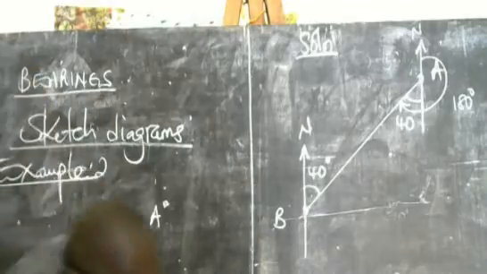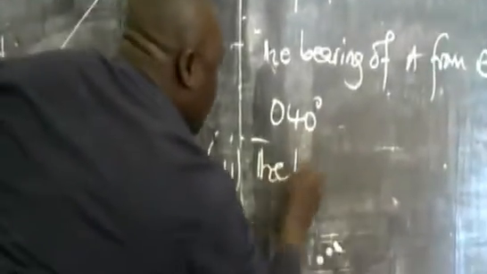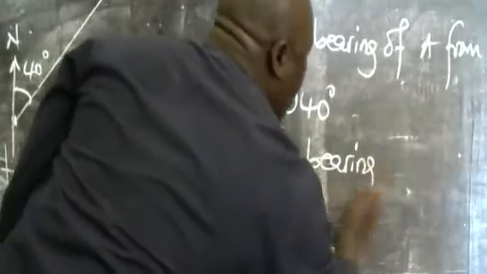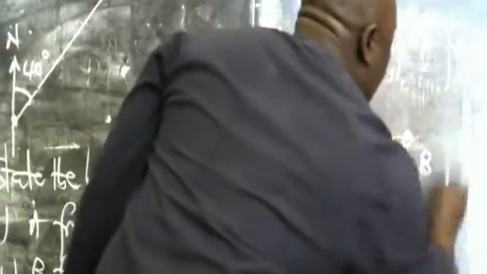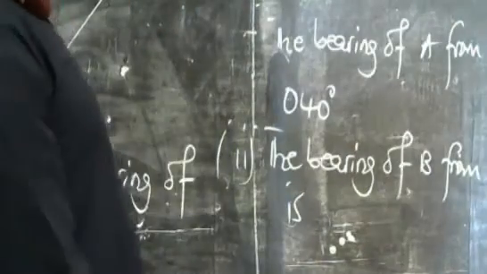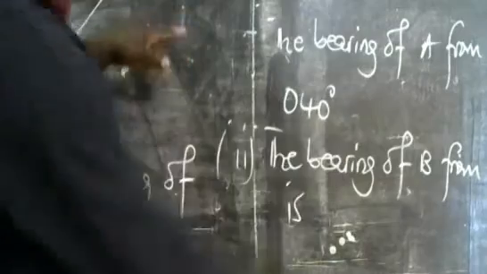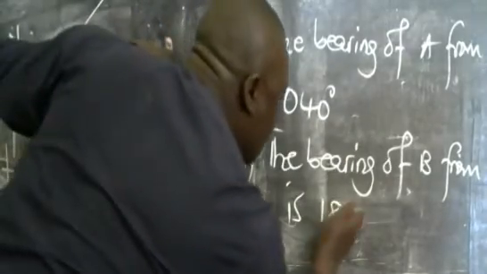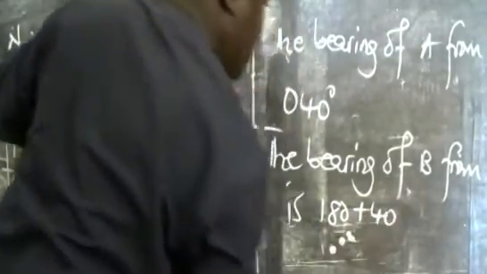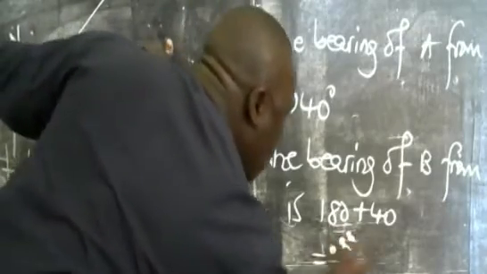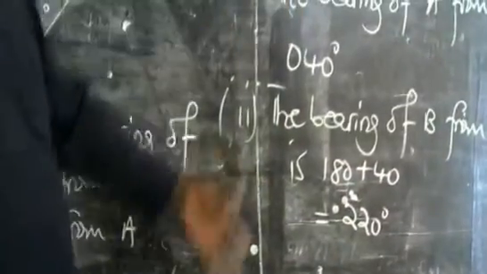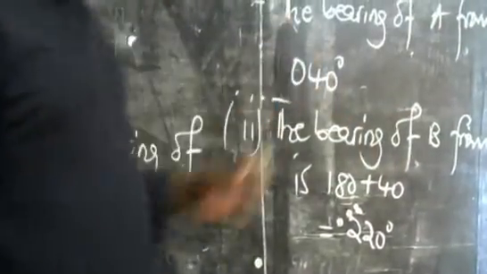And I can now say the bearing of B from A is 180 plus 40, and this gives us 220 degrees. So the bearing of B from A is 220 degrees, while that of A from B is 40 degrees.